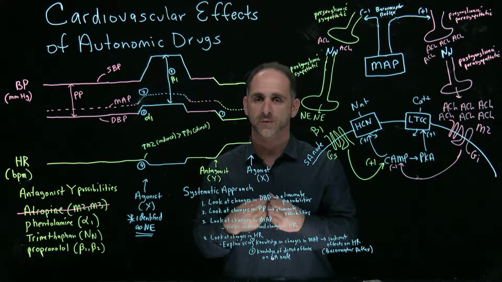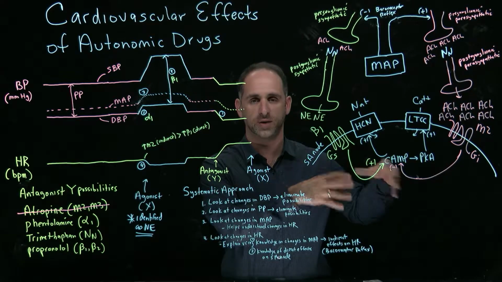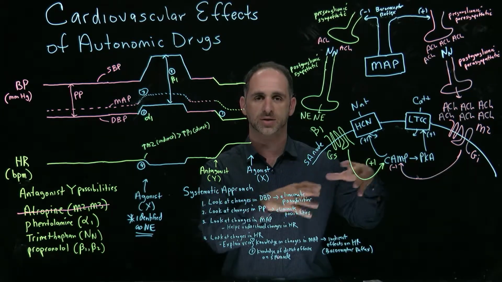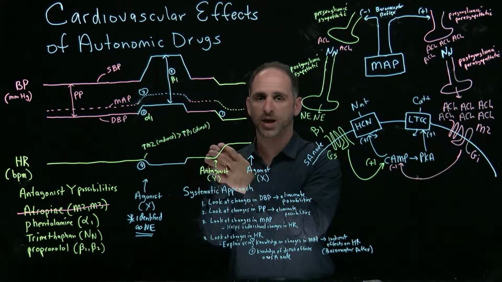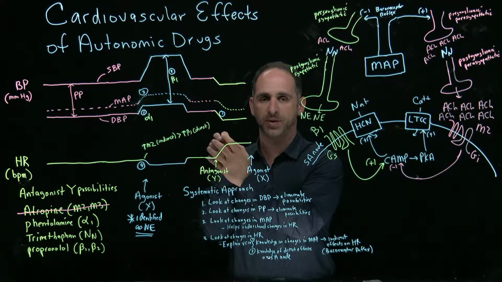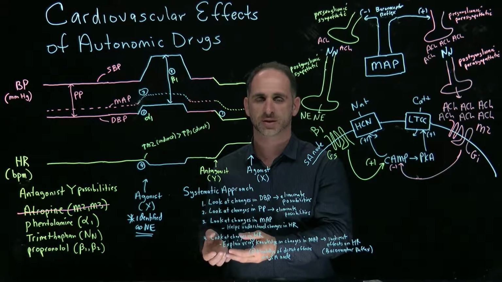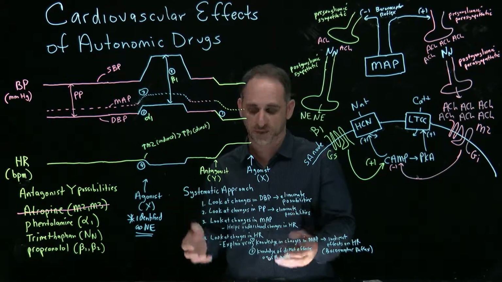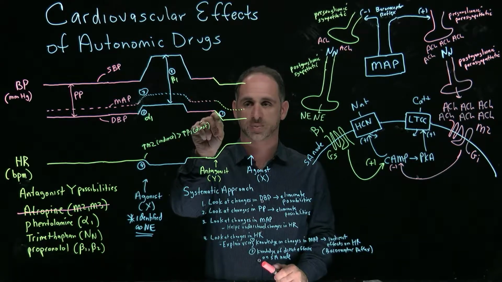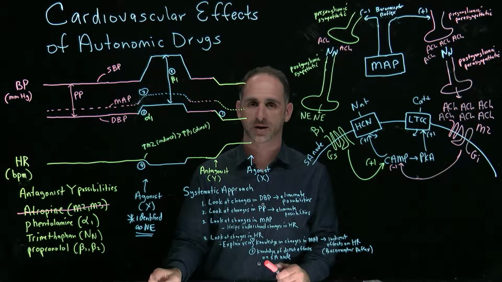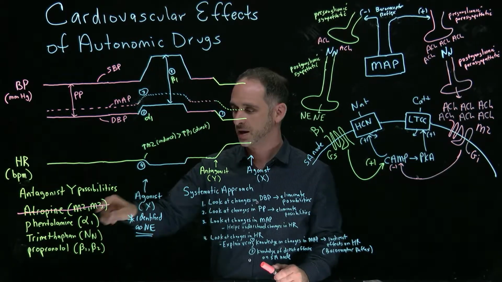So if we block the alpha 1, since there is some sympathetic alpha 1 activity at rest that you can block, you'd be blocking that constriction and the blood vessels would relax. You would lower the systemic vascular resistance, and you would expect to see a lowering of the diastolic blood pressure. That could explain this drop, alpha 1 blockade from phentolamine. So that's still a possibility.